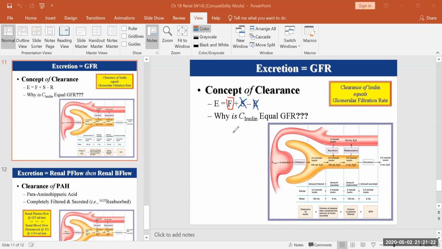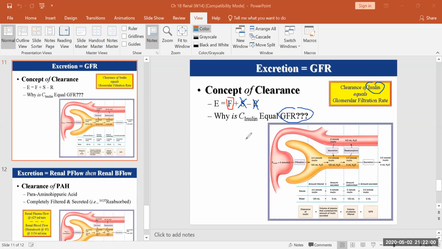So if you give that chemical to your patient, the amount of the chemical in the patient's urine reflects the rate at which filtration of the glomeruli is happening. That chemical is called inulin. So when you give patients inulin, you can estimate GFR.